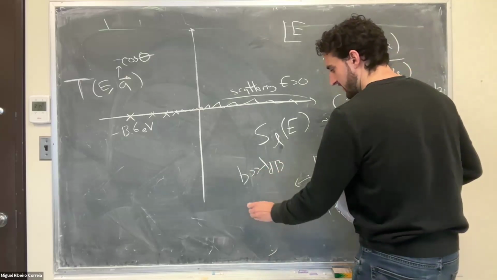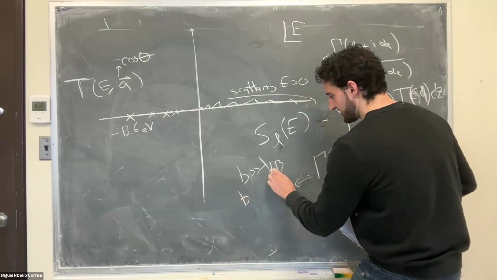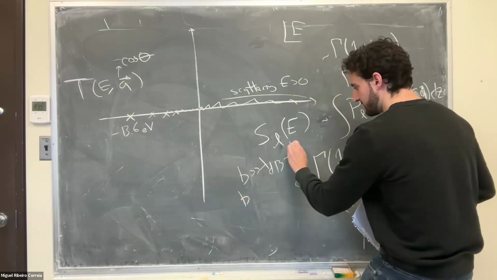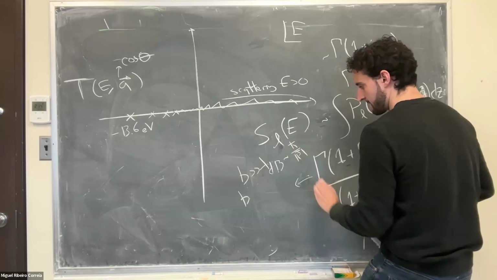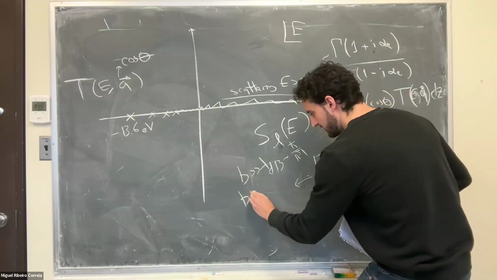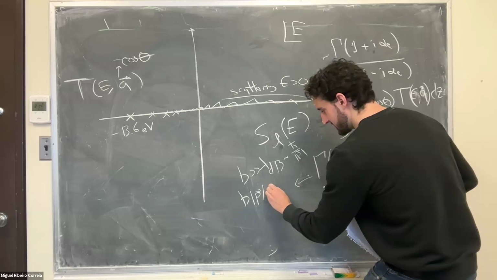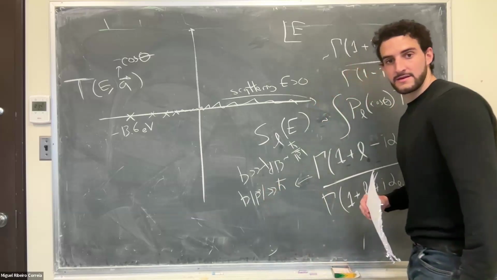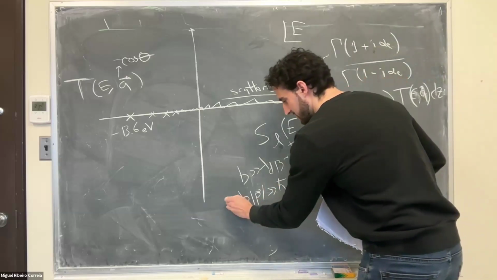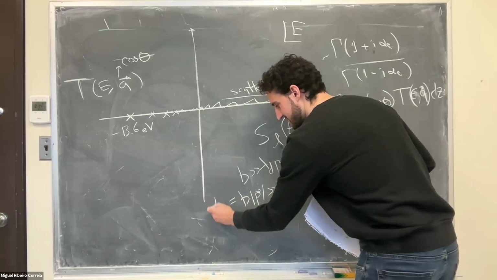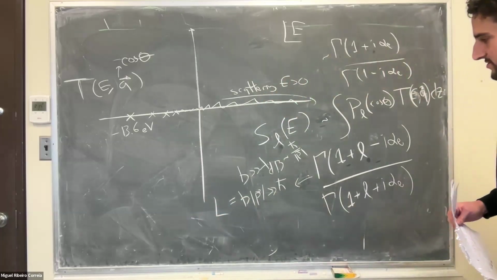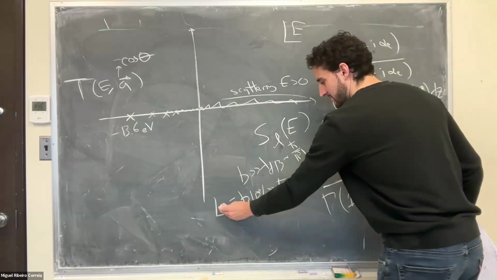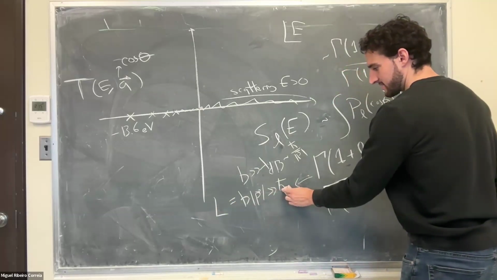Relating B and lambda de Broglie, which is h bar over P, BP is much bigger than h bar. BP is just the classical angular momentum. So this classical limit means that the angular momentum is much bigger than h bar.